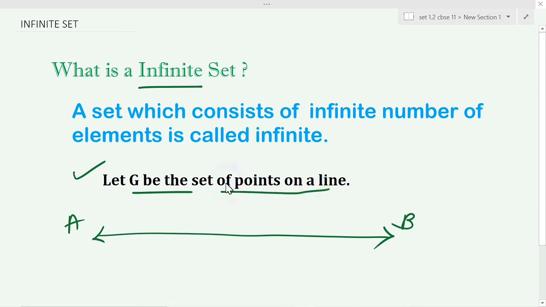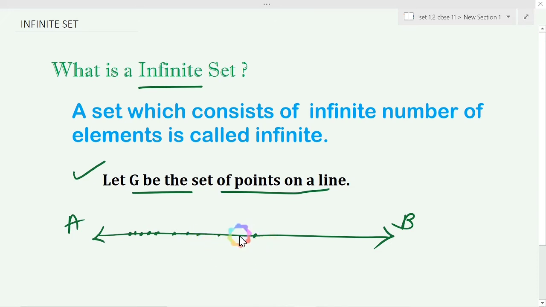That is, G is the set of the number of points on a line. So let us count the number of points on AB. So 1, 2, 3, 4, 5, 6. One may say, sir, there is another point here, and there is another point here. Also there is another point here.